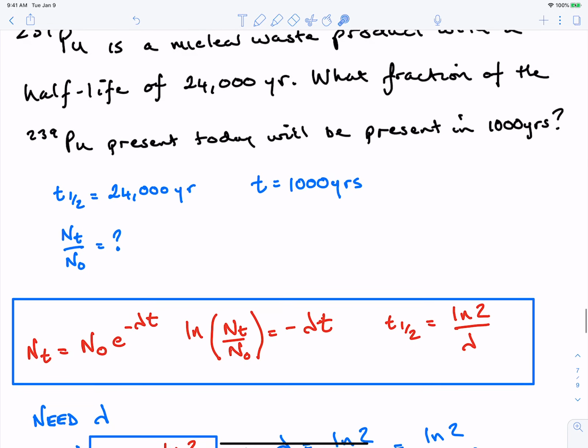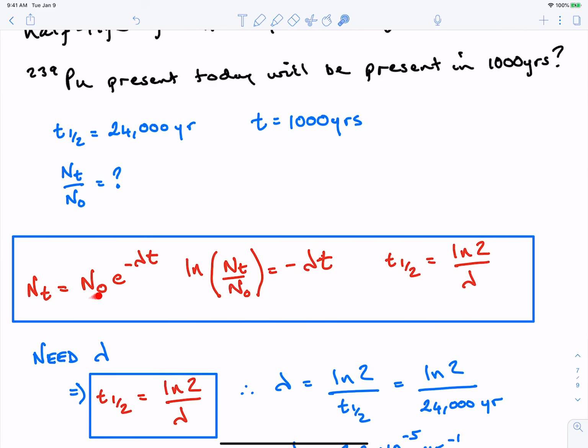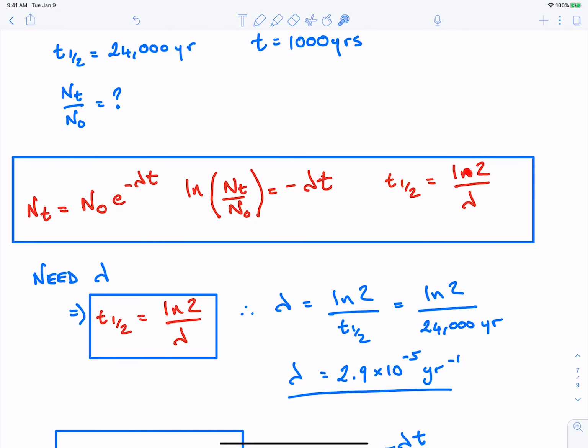And so again, we'll go back to these 3 equations, and so often we end up using the half-life equation to calculate the decay constant. That's exactly what we're going to do here again. Same version: we end up with the natural log of 2 divided by the half-life. We end up with a decay constant that's 2.9 times 10 to the minus 5 years to the minus 1.